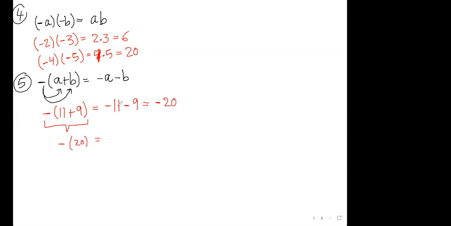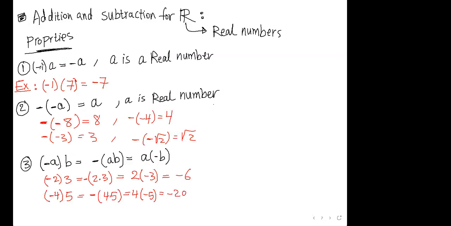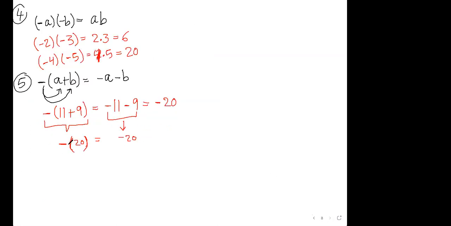Here we do the summation and they give me minus 20 directly. And here, by using the first property, see the first property? Minus 1 times any number is the same as minus the number. So again, minus times 20 is the same as minus 20, and both of them are equal.